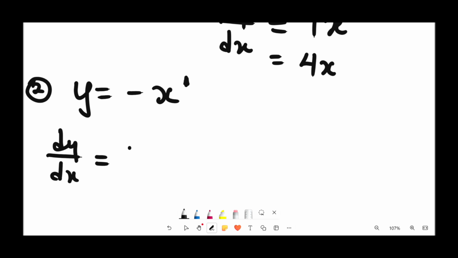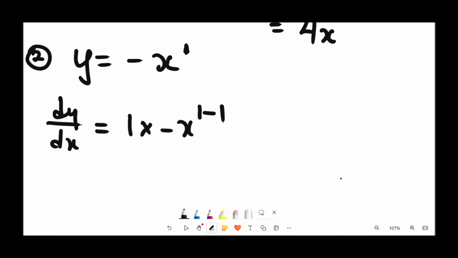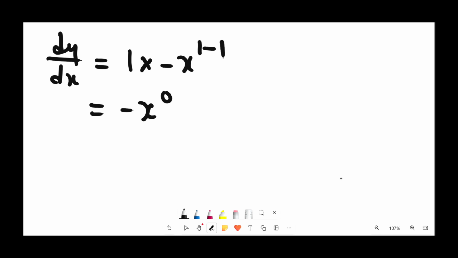So you use the power which is 1 to multiply the original term in the function, then you reduce the power of the independent variable by 1. And this will give us negative x having a power of 0. And we know that any number except 0 raised to the power 0 is equal to 1. So we are going to get the result to be negative 1.